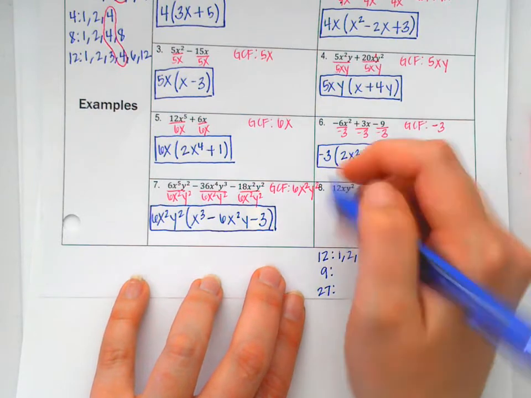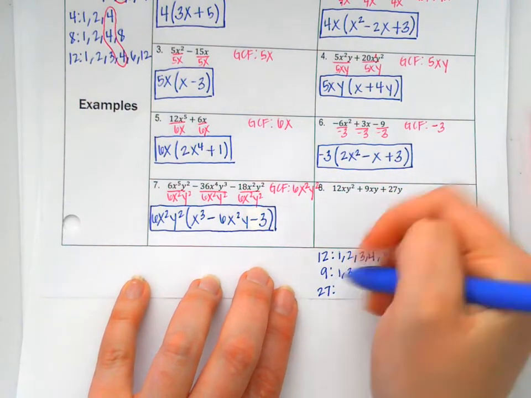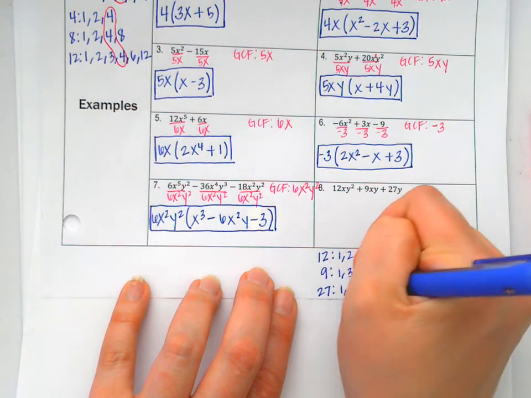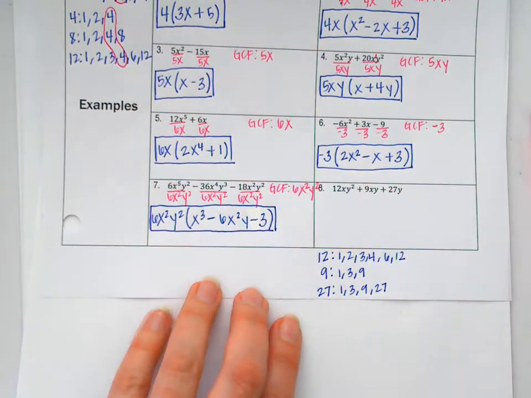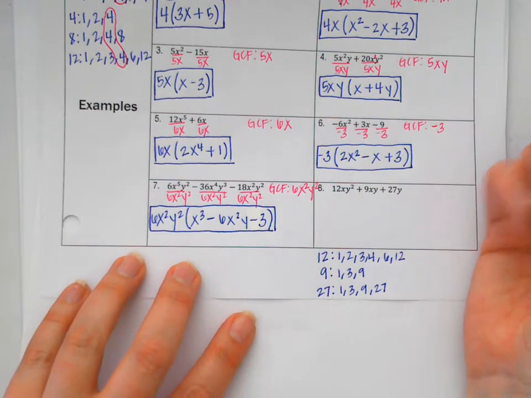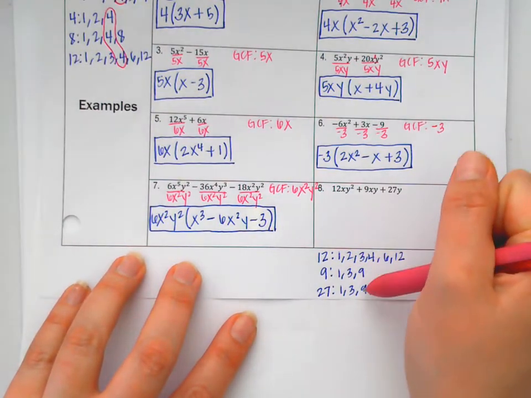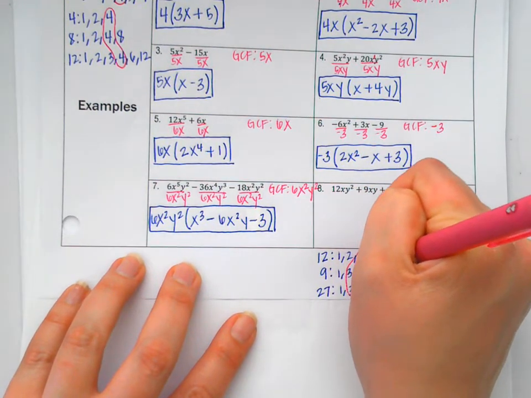The factors of 9 are 1, 3, and 9. And the factors of 27 are 1, 3, 9, and 27. So I look and think, what's the biggest number there? We want it to be 9, but 12 doesn't have a 9. And so the GCF there is actually 3.